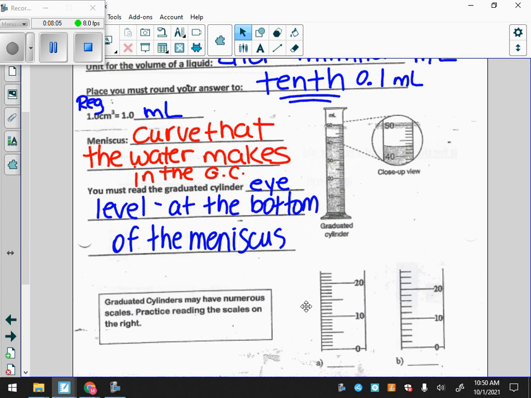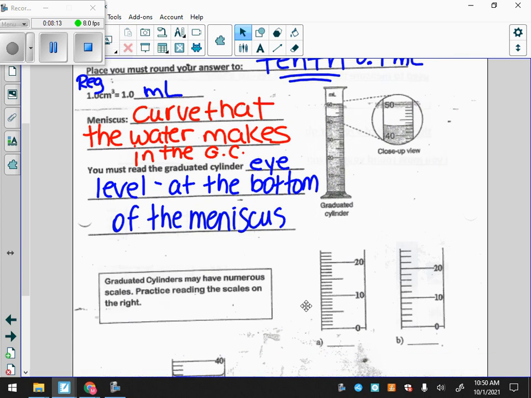So you have to figure out what the scale is. What are we counting by? So both of these graduated cylinders are 0 and 20. You see them? But this scale is different than this scale. When I talk about scale, I'm talking about what does each line represent. So you see the big lines are tens, right? But the little lines, what do they stand for?